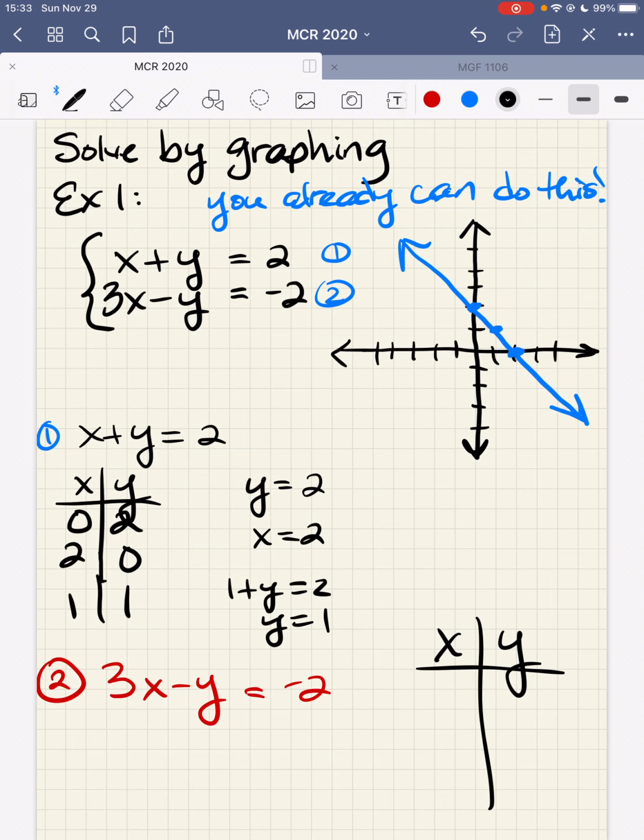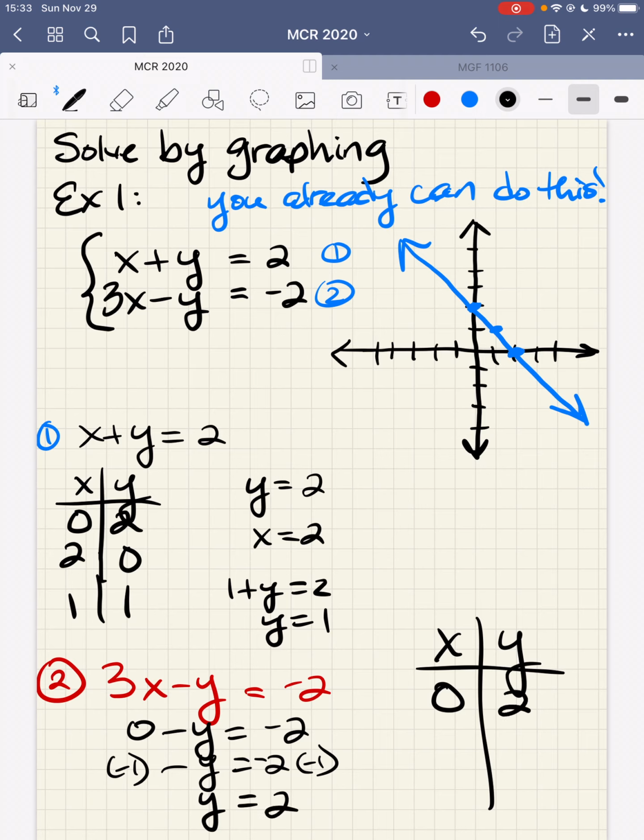But in this case, if I make x equal to 0, that means 0 minus y is equal to negative 2. Now, we're not solving for negative y, so we have negative y is equal to 2. If we multiply each side by negative 1 to get rid of the negative on the y, or divide, it's up to you, we have y is equal to 2.